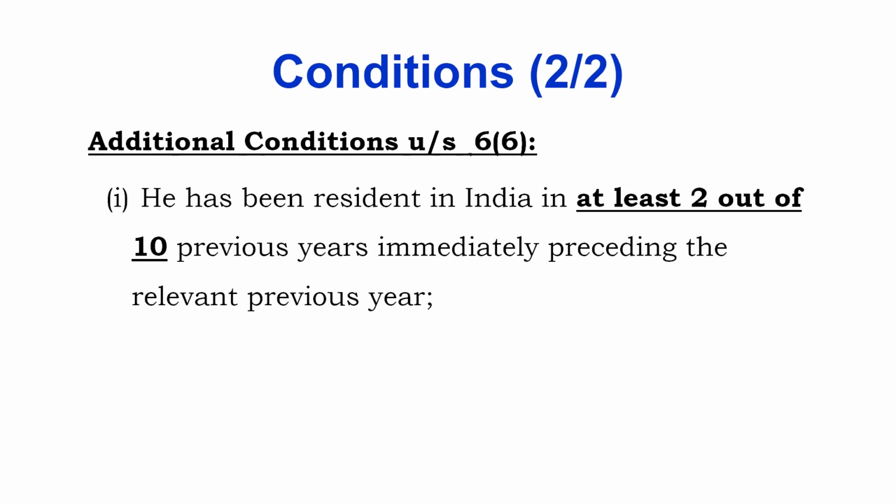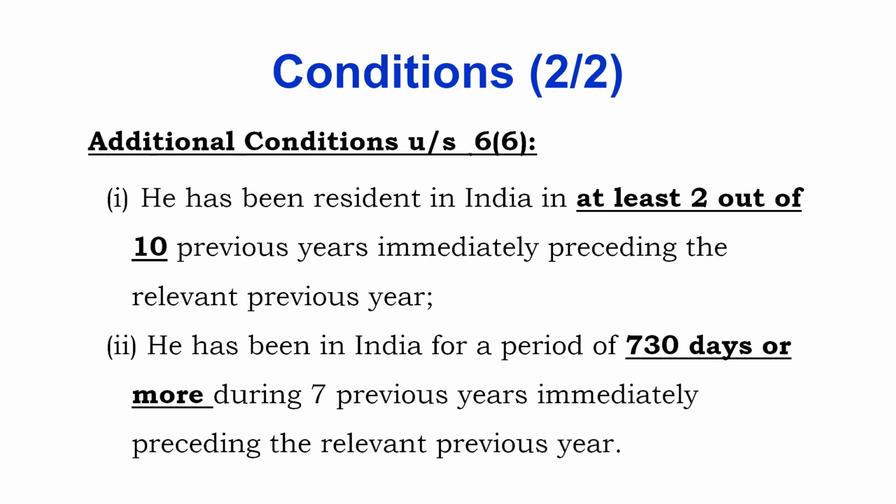The additional conditions under Section 6(6) are: (i) he has been resident in India in at least 2 out of 10 previous years immediately preceding the relevant previous year; (ii) he has been in India for a period of 730 days or more during 7 previous years immediately preceding the relevant previous year.